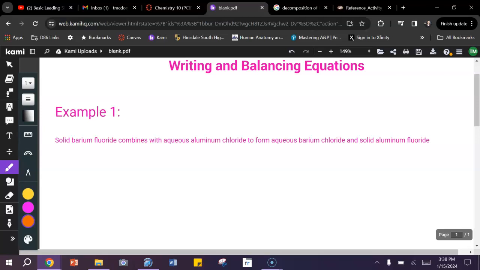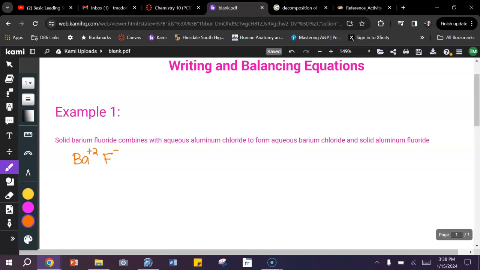So first we have solid barium fluoride. Well, barium has the abbreviation Ba, and since that is a metal on the left of the stairs, if you look at the top of the column on your chem helper, it has a charge of +2. And we're combining it with fluoride, which has the abbreviation F, and the charge at the top of its column is -1.